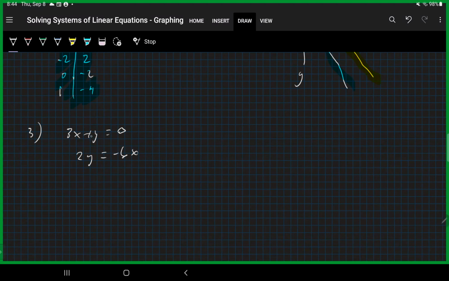If I solve this equation for y, I'm going to get y equals negative 3x. And if I solve this equation for y by dividing everything by 2, I'm going to get y is equal to negative 3x. So if we recognize we're in a situation that we have the same line, then we already know what the answer is, but we're already asked to solve by graphing.